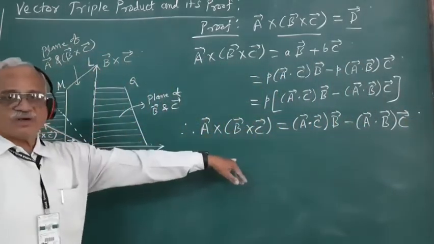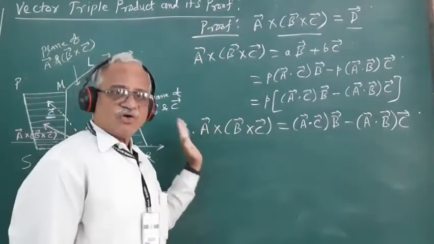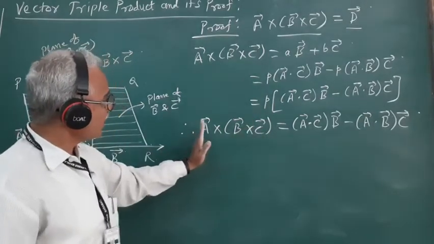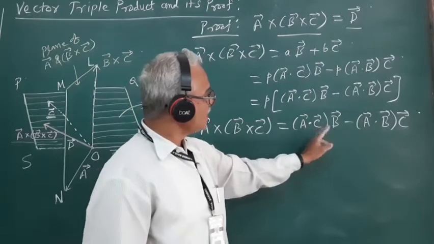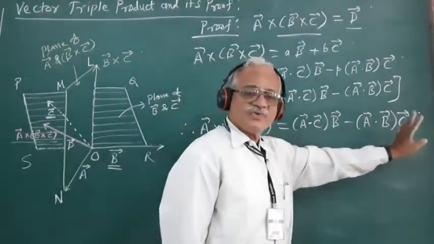So this is how we can prove the vector triple product of the three vectors A bar, B bar and C bar.